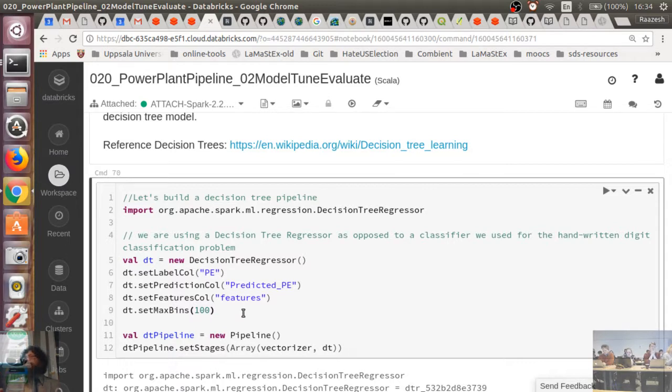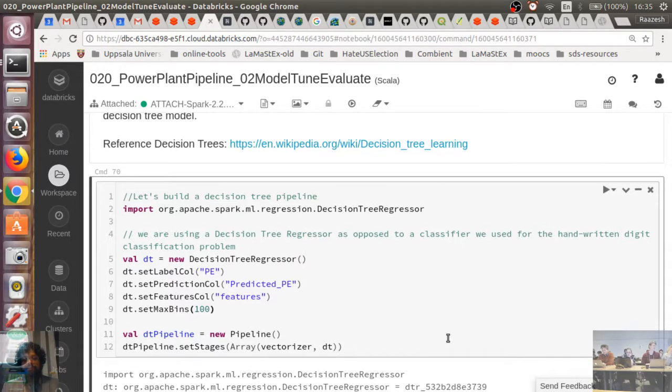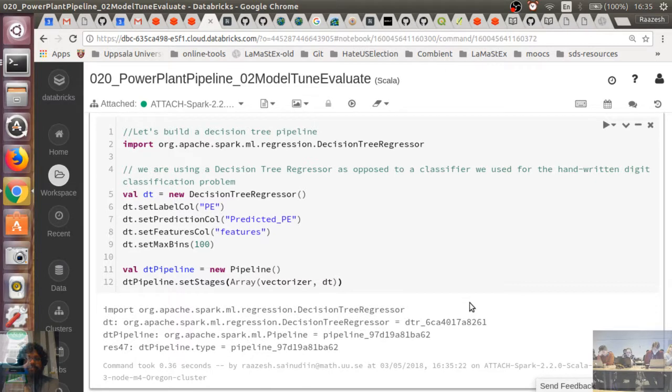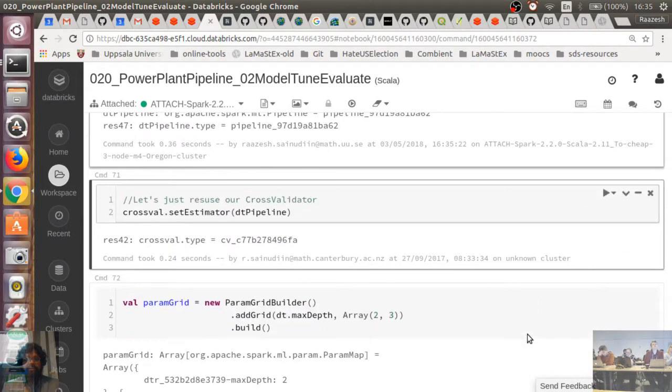That means it takes the feature space and discretizes it into 100 bins. So then I'm creating my pipeline, and the beauty is I can reuse the vectorizer from before, from the linear regression, because the data set hasn't changed. That's my DT pipeline, decision tree pipeline.